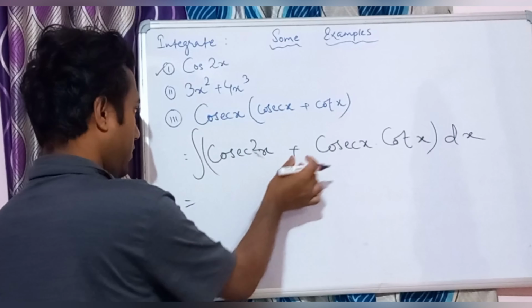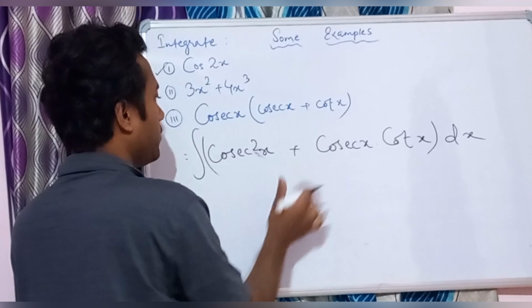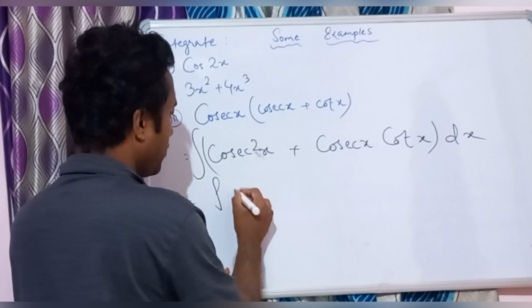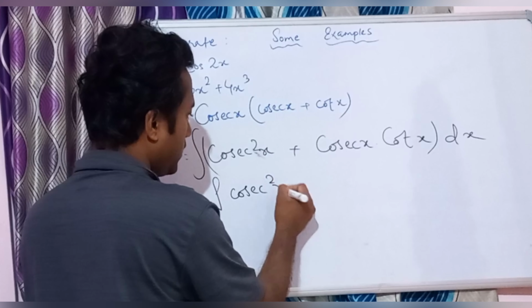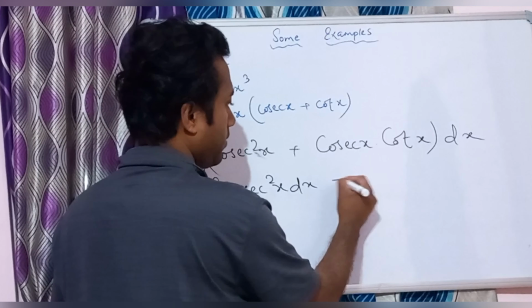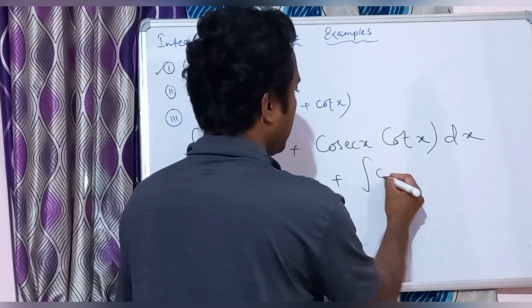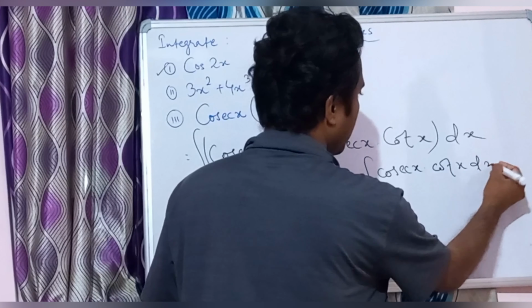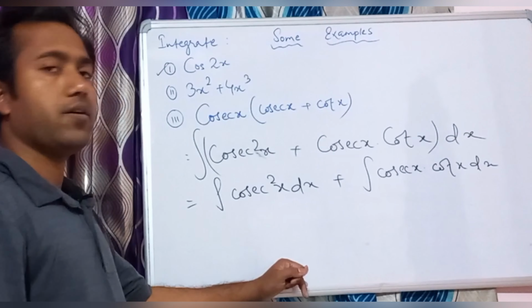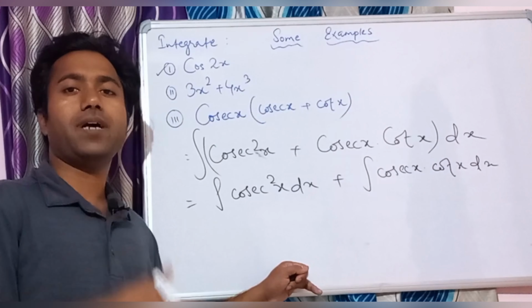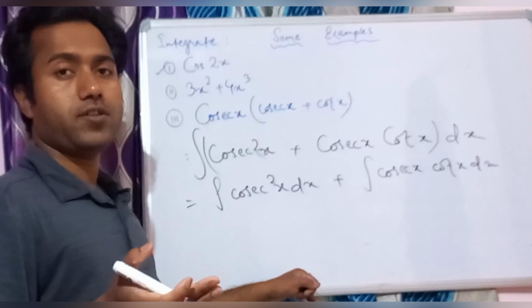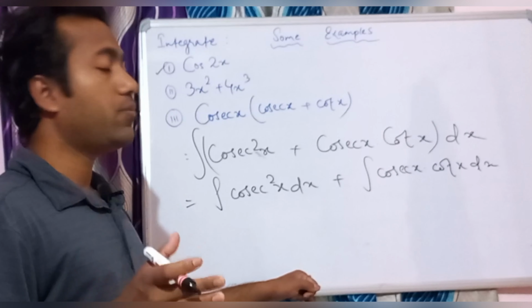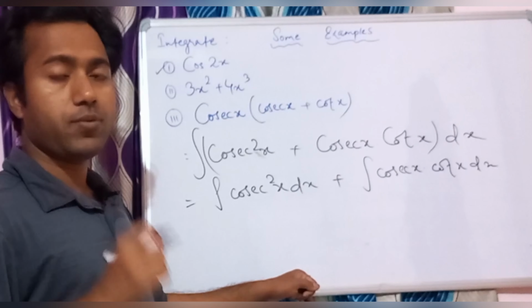Same thing, it has a plus between the two terms, so we will do separate integrations for both of them. So this is cosec square x dx plus cosec x cot x dx. Now you have to memorize, or look back at the formulas. In the first class itself I told you that you have to remember all the formulas.